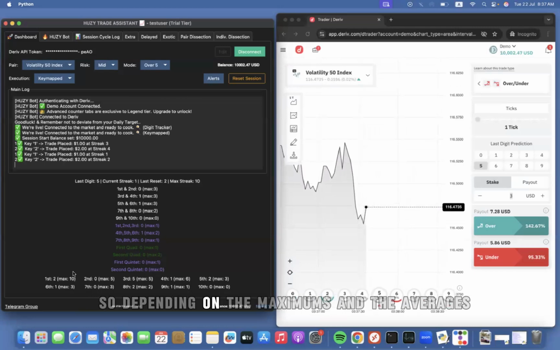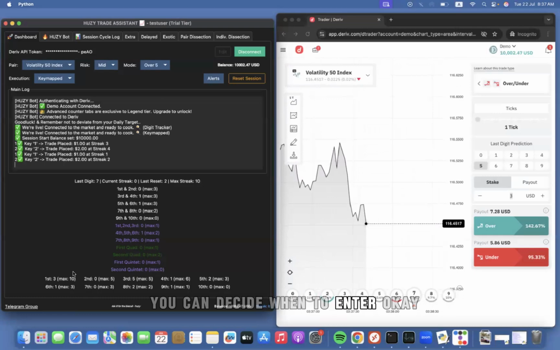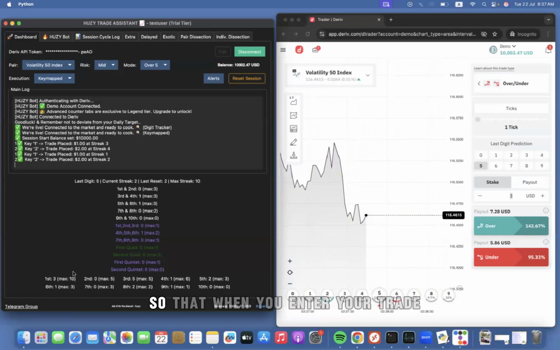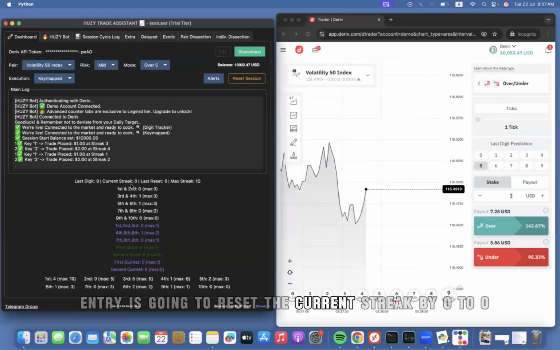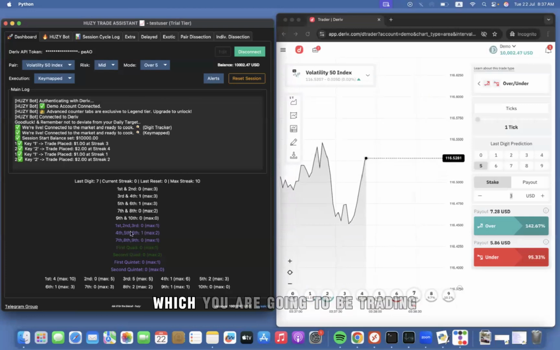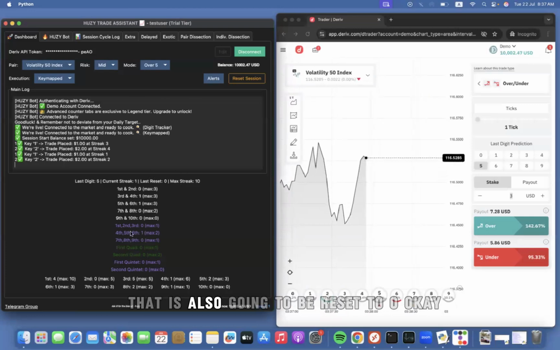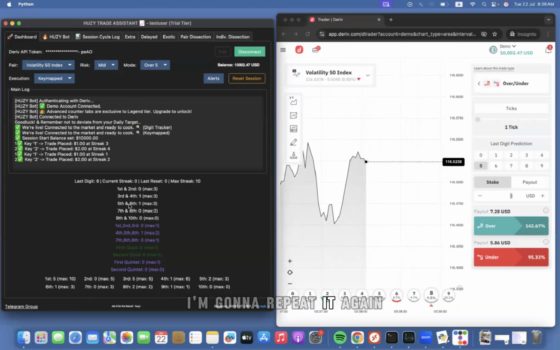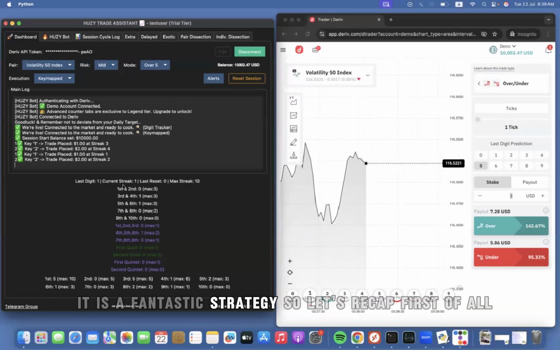So depending on the maximums and the averages, you can decide when to enter, when to execute the trade, so that when you enter, your trade entry is going to reset the current streak to 0, and also the particular counter which you are going to be trading is also going to be reset to 0. Okay, I know it's going to sound confusing, but trust me, I'm going to repeat it again. It is a fantastic strategy.